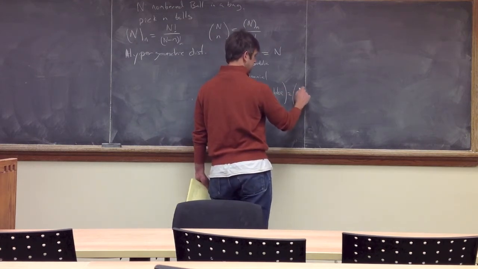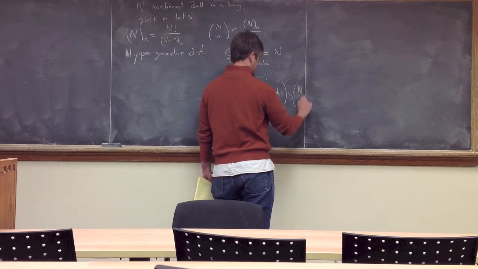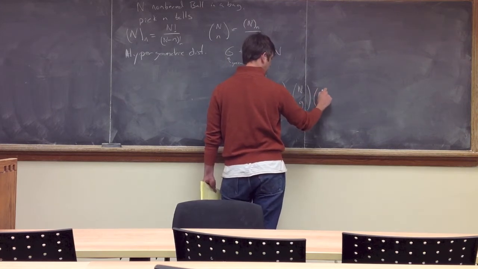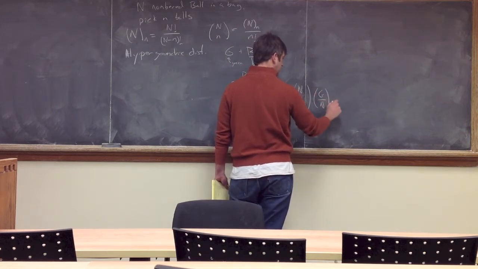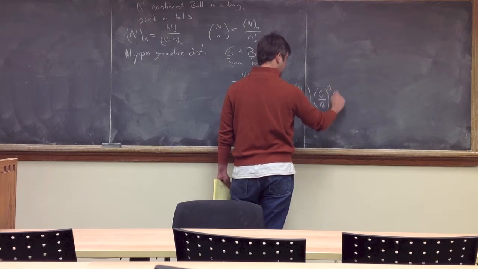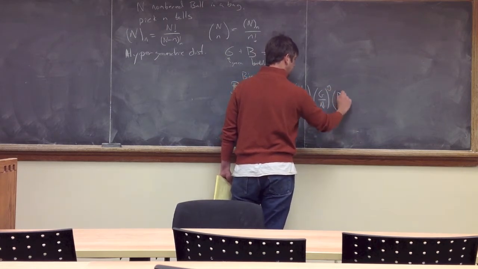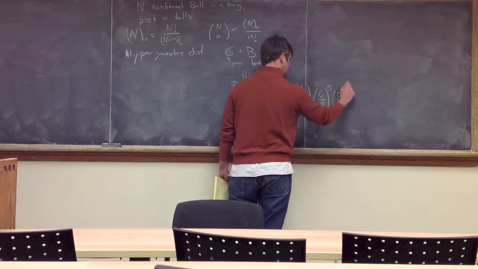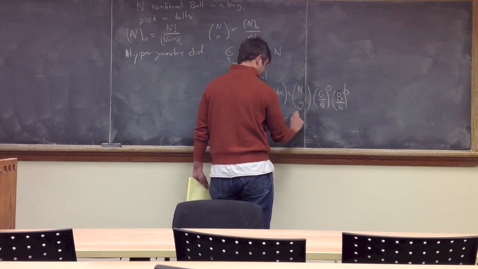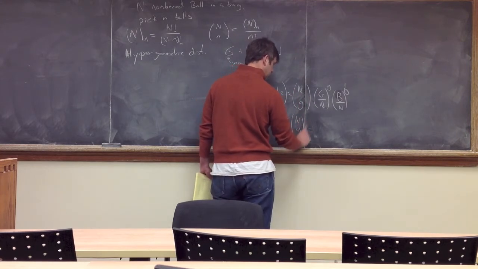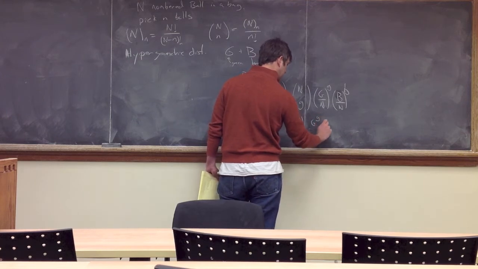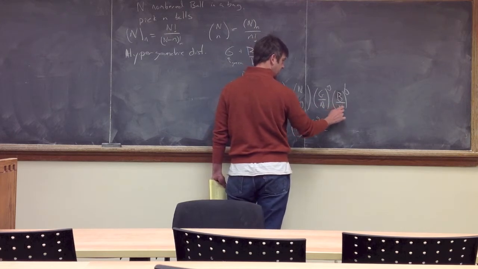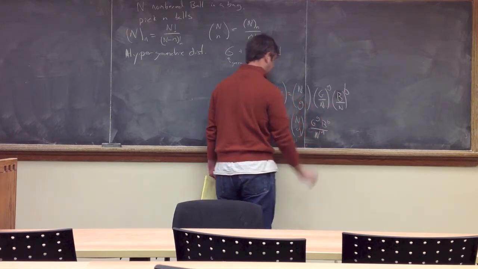Well, it's n choose g times the probability of getting a green ball, which is big G over N, to the g, and the probability of getting a blue ball, which is big B over N, to the b. And I can rewrite that in a rather suggestive way, you'll see in a second: G to the g, B to the b, over N to the g times N to the b, which is N to the little n.